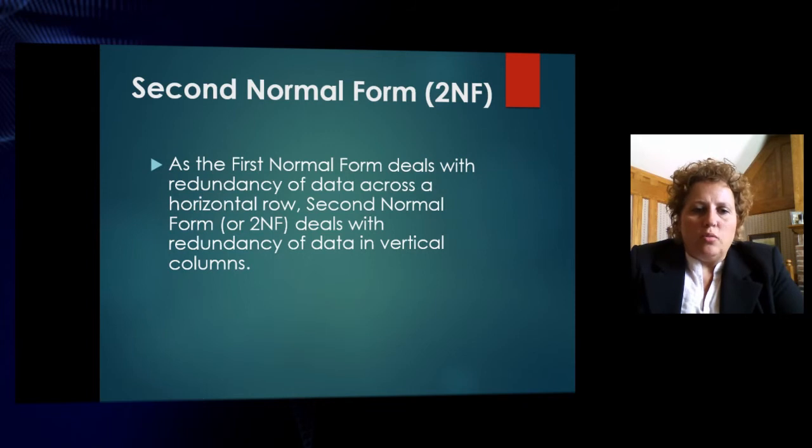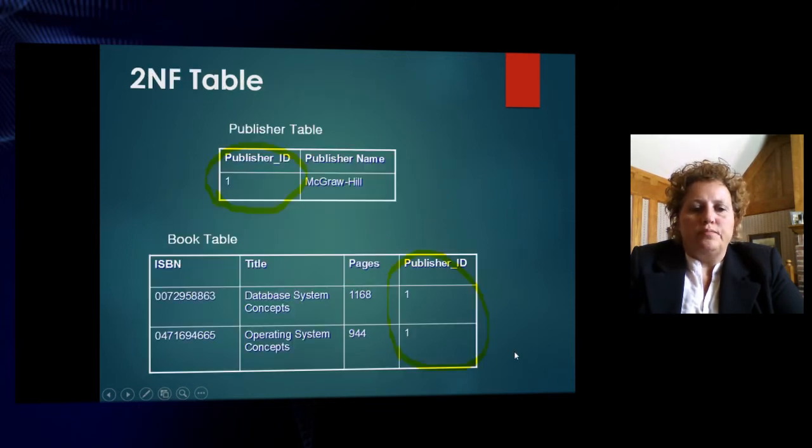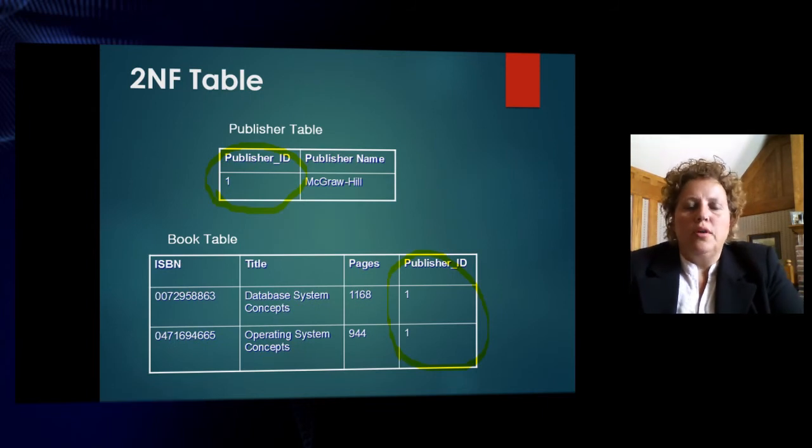To move it to second normal form, the second normal form deals with the redundancy of data in the vertical columns. So again, first normal form deals with redundancy across horizontal rows. Second normal form deals with redundancy in a vertical fashion. So take a look at this second normal form table.